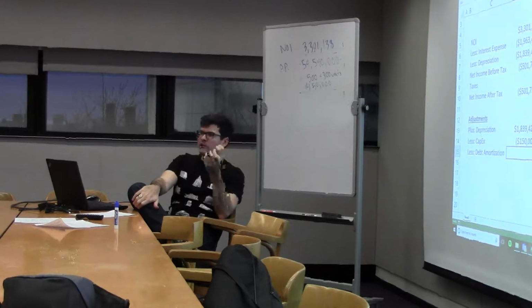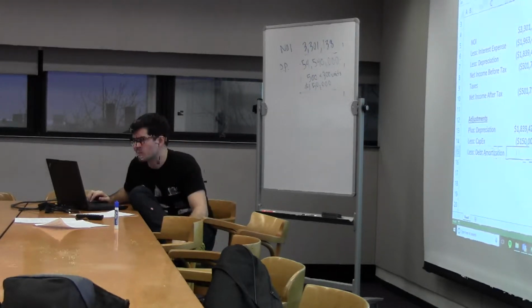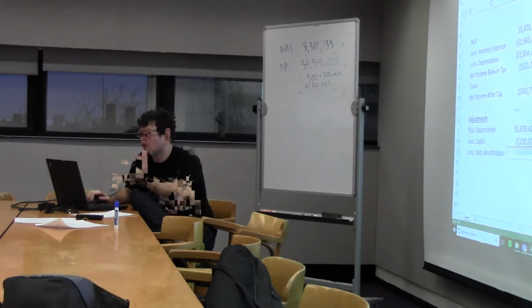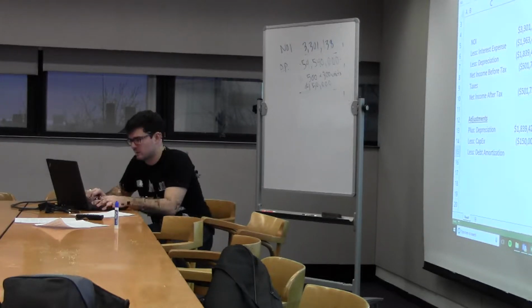So your debt service, the amount that you pay to service the debt, is composed of interest and principal paydown. And so this part, we've already accounted for the interest cash expense here. Now all we're doing is accounting for the principal paydown here. I'm going to call this principal paydown.